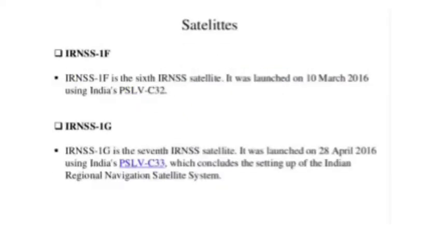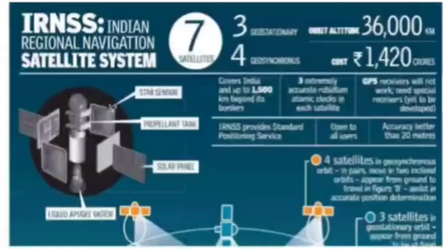Coming to the end of the satellites launched, IRNSS-1G is the seventh IRNSS satellite. It was launched on 28th April 2016 using India's PSLV C-33, which concludes the setting up of the Indian Regional Navigation Satellite System. There are two types of service, namely the Standard Positioning Service (SPS) and the Restricted Service (RS).